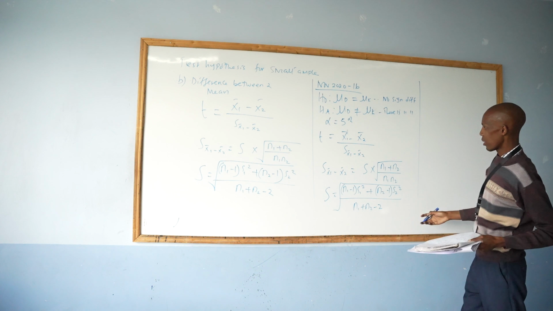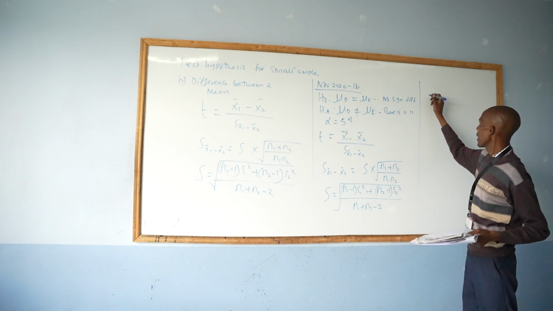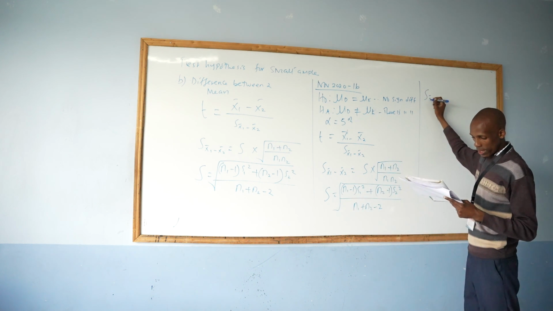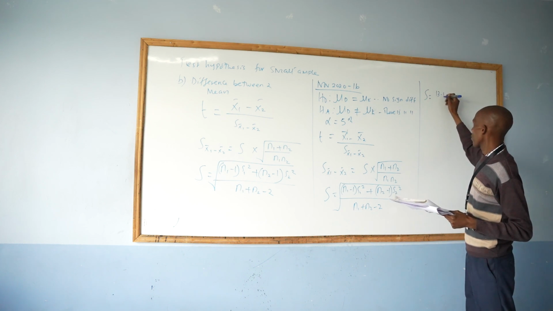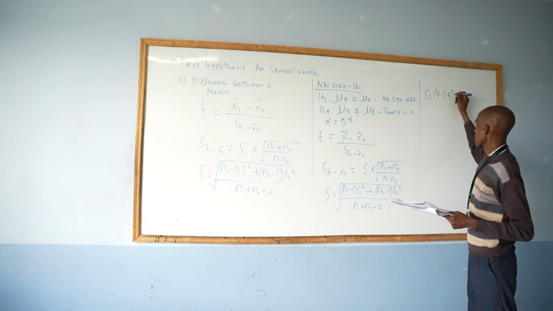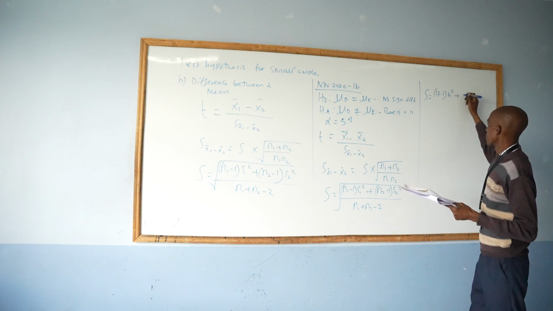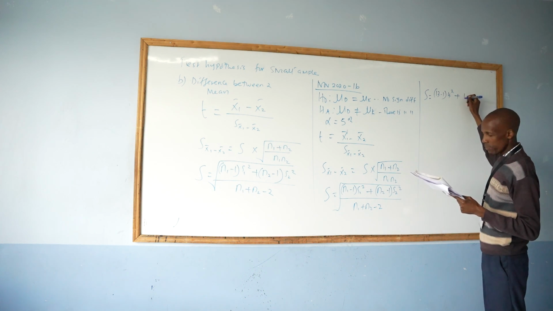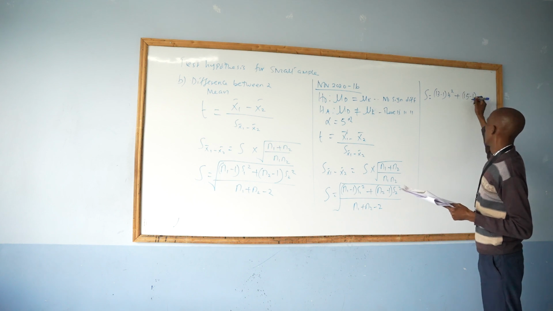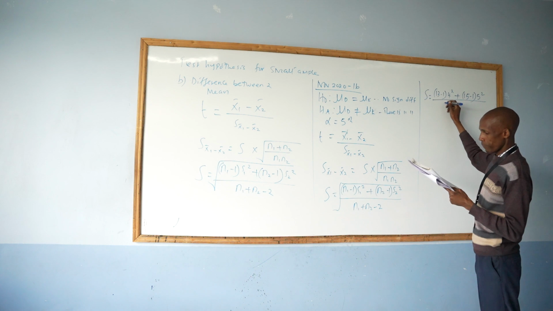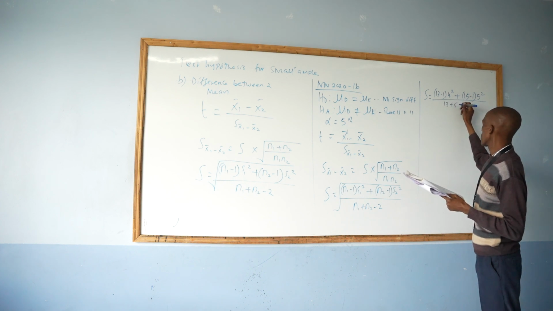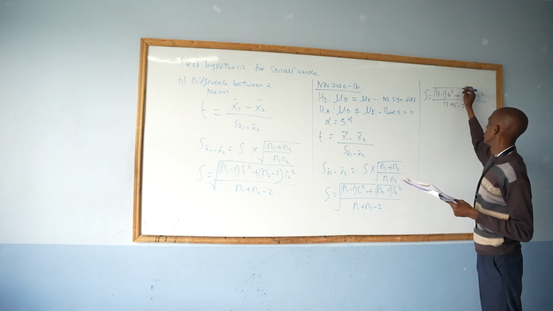So we come here and start with this one. S equals: the total of the daytime is 13, so 13 minus 1 times 4 squared, the standard deviation of the first sample, plus 15 minus 1 times 5 squared, divided by 13 plus 15 minus 2.